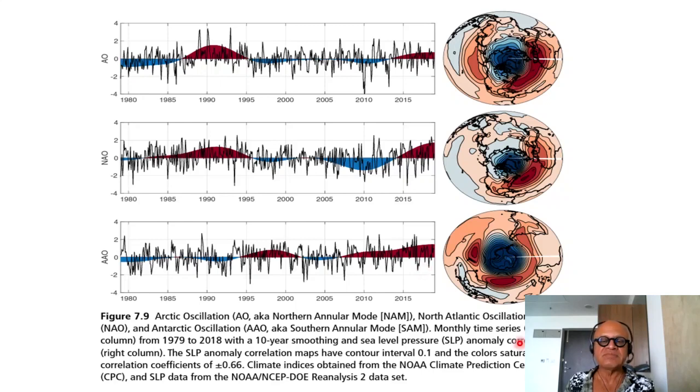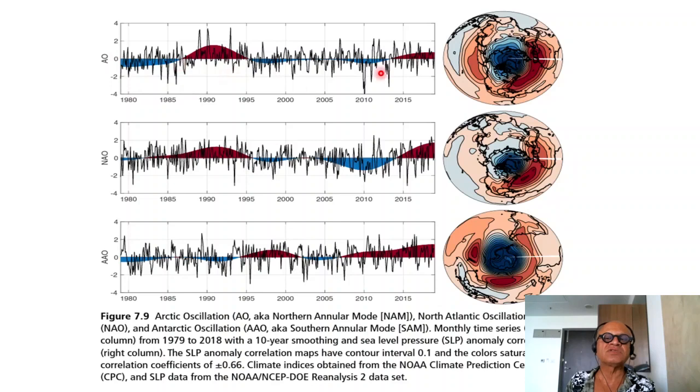Okay, so monthly time series here from 1979 to 2018 with the 10-year smoothing and sea level pressure anomaly correlations in here. SLP anomaly correlation maps have contour intervals of 0.1, and the contour colors separate the correlation coefficients of plus minus 0.66, which correspond to high-low pressure systems, which means the waves in the annular mode. Climate indices obtained from NOAA and reanalysis, and so on and so forth.